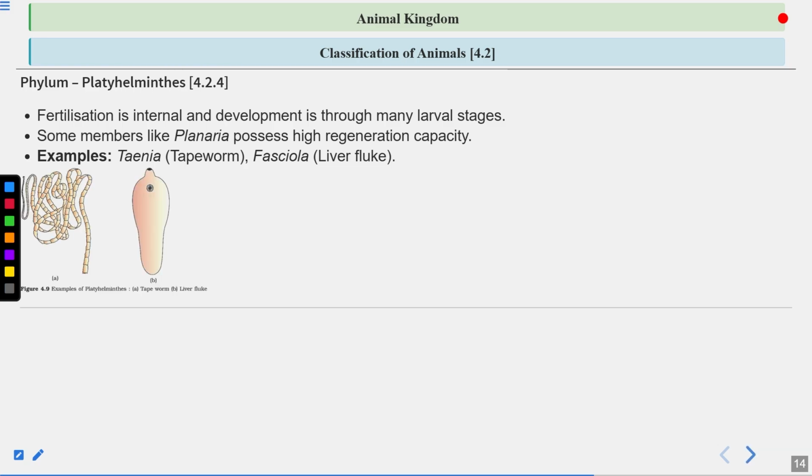So here you can see flat worms. Why are they called flat? Because you can see this surface. This is the dorsal surface, and just below it, they have the ventral surface. In the case of this tapeworm also, they have the dorsal surface, and below this, the ventral surface. And that is why they are called flatworms.